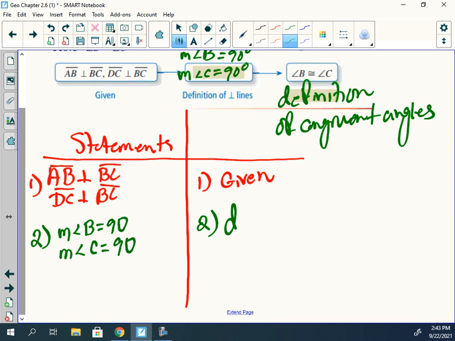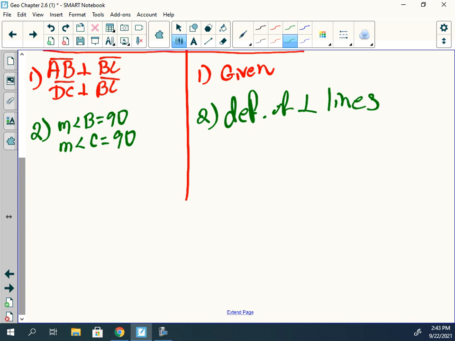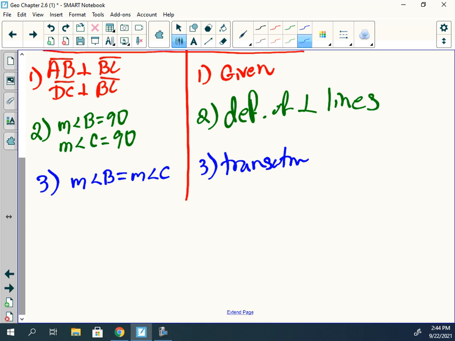This is the definition of perpendicular lines. Now, I could add a third step in here and say that the measure of angle B is equal to the measure of angle C by our transitive property of equality.